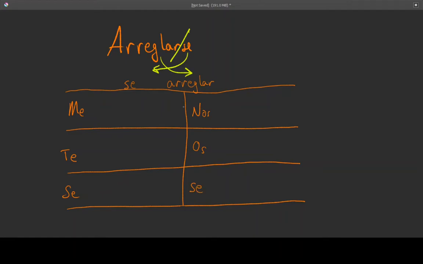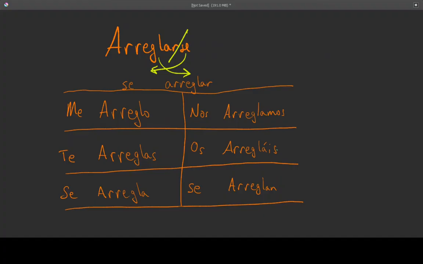And then we're going to take that verb arreglar and we're going to conjugate it regularly. So when I conjugate this verb in all of its forms, it's got the reflexive pronouns out front, and then it's got the regular conjugation of the verb afterwards.